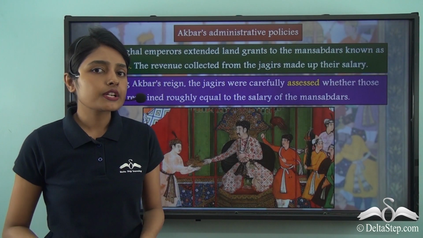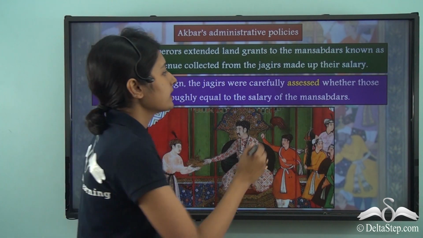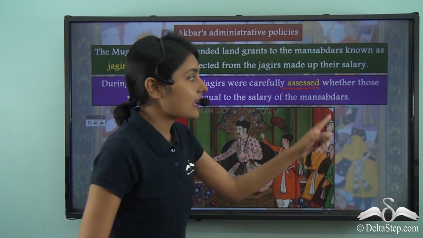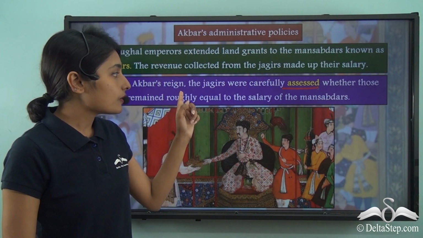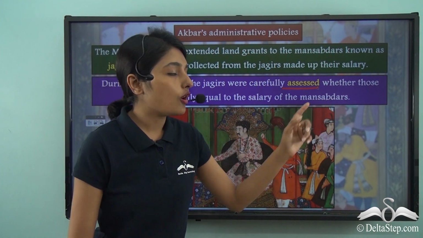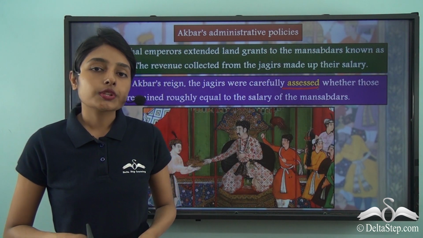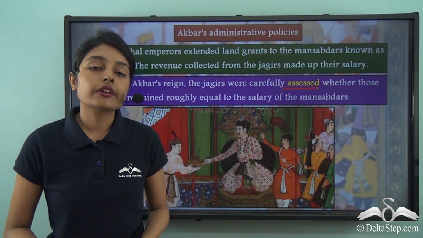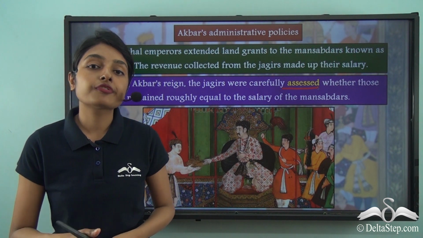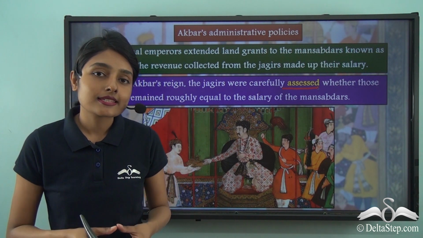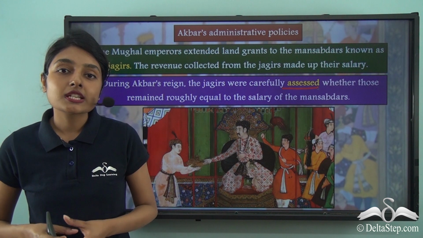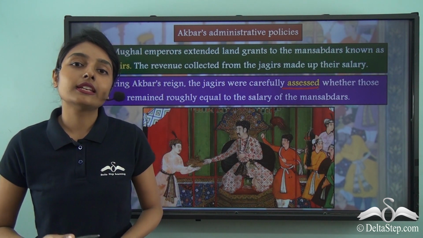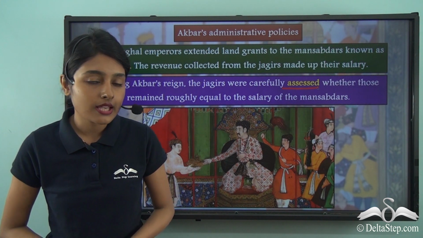Now, during Akbar's reign, the Jagirs were carefully assessed as to whether those remained roughly equal to the salary of the mansabdar. So the mansabdars earned their salary in the form of the revenue or the taxes that could be obtained from the Jagirs or the land grants that were extended to them.